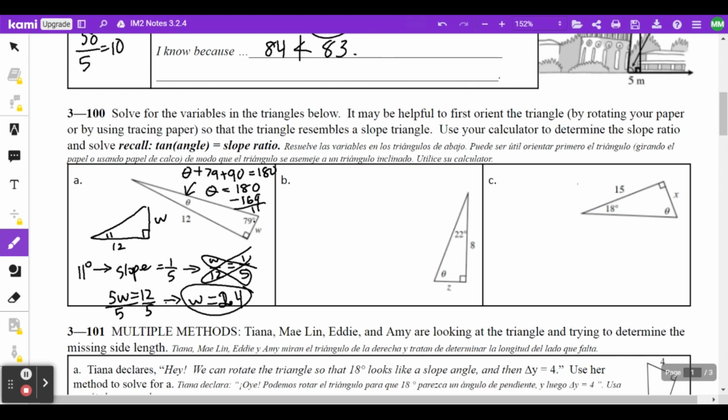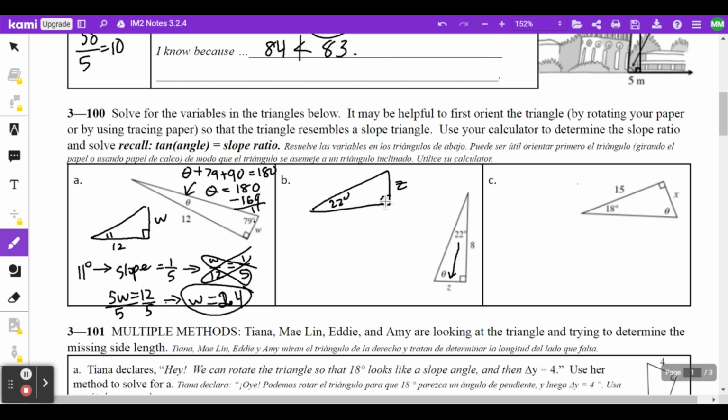Part B. Here we have a 22-degree angle, and I don't feel like solving for theta this time, so I'm not going to. I'm just going to redraw this in a way that feels more familiar. 22 degrees.